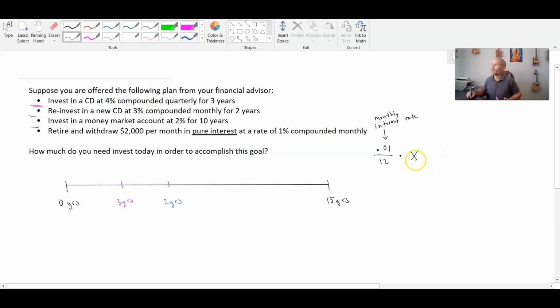But whatever that amount is, when I take 0.01 divided by 12 of it, I want to make sure that that amounts to $2,000. In other words, the bank is just paying me $2,000 each month in interest dollars. What I'm going to do is I'm going to withdraw that money, spend it, and that way my balance never actually changes.